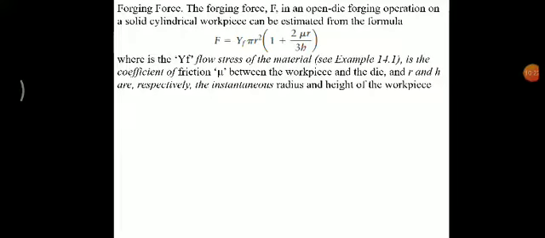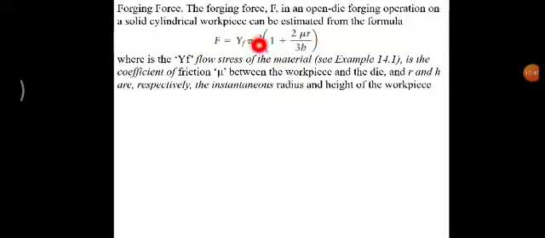Okay, so the forging force is directly proportional to the flow stress of the material times pi r squared. What this term defines is that you are applying the force over the cross section, multiplied by this stress factor, and that will become your force.